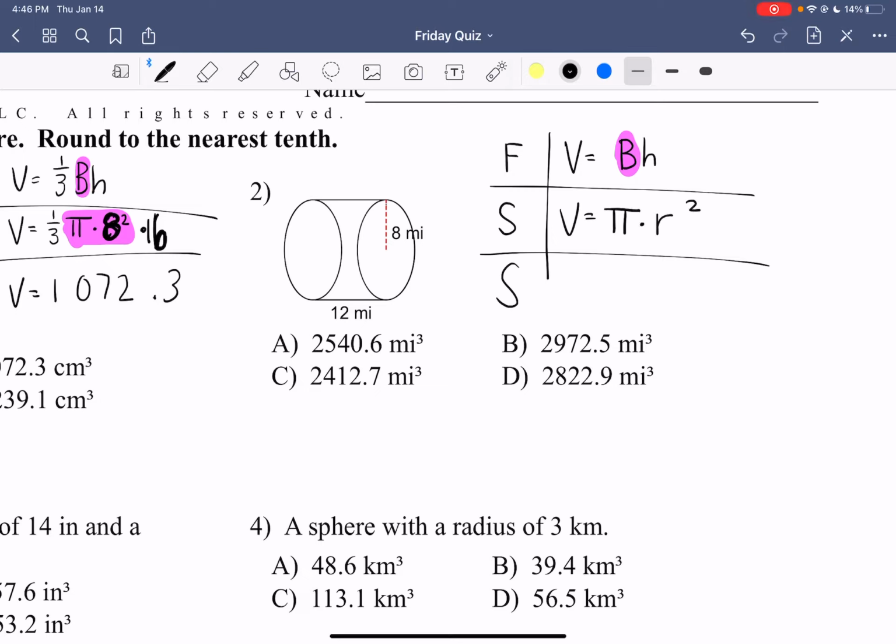So again, our radius equals 8, so I'm going to take my R and turn it into an 8. And then when I type that out in the calculator, pi times 8 squared, we get 201.06, but we're going to round that to the nearest tenth.